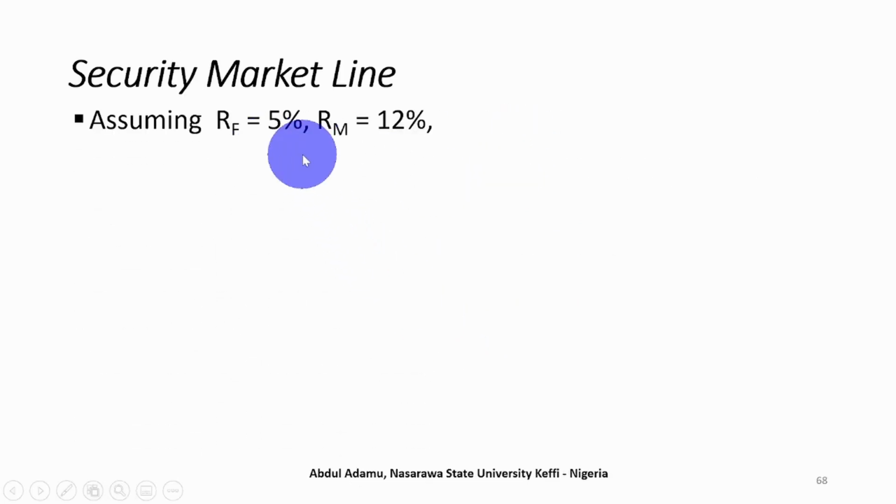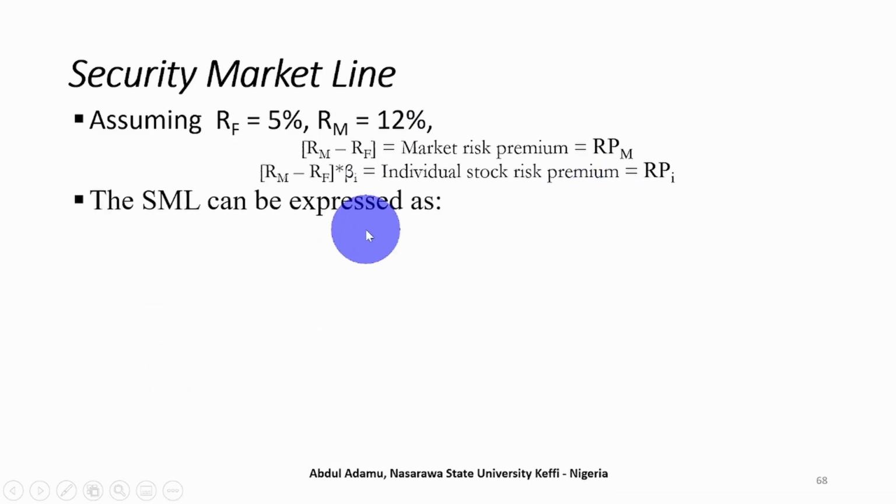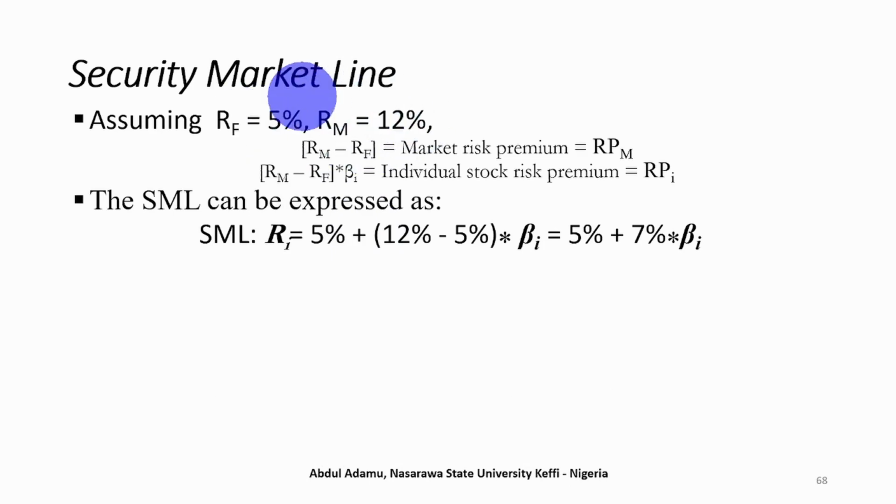Let's make an assumption and see. Assuming we have a risk-free rate of 5% and a required market return of 12%. Our market risk premium is going to be 12% minus 5%, and when we multiply that by the beta, it gives the individual stock risk premium. So the security market line for this assumption will be equal to the risk-free rate, which is 5%, plus the market risk premium multiplied by beta.